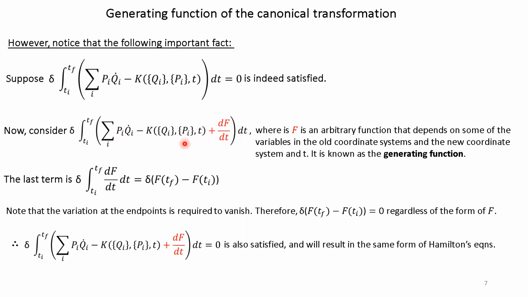The variation of this term equals the f evaluated at tf minus the f evaluated at ti.